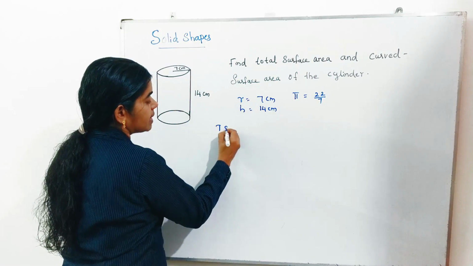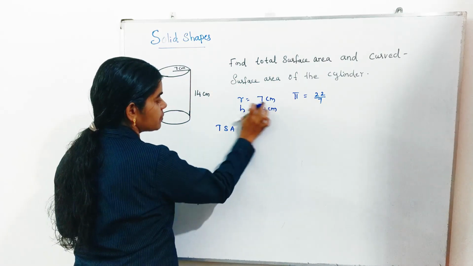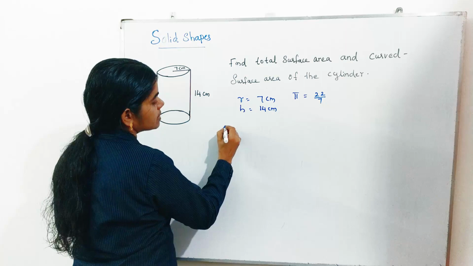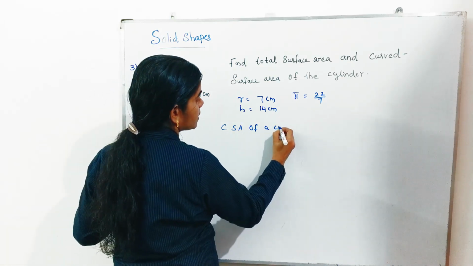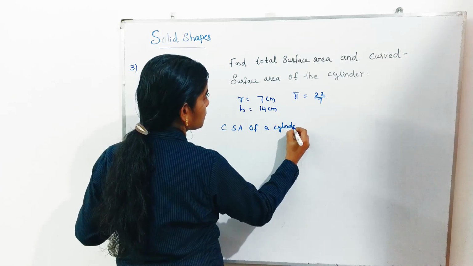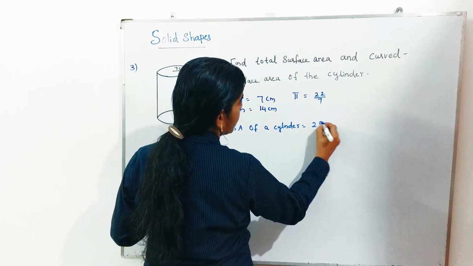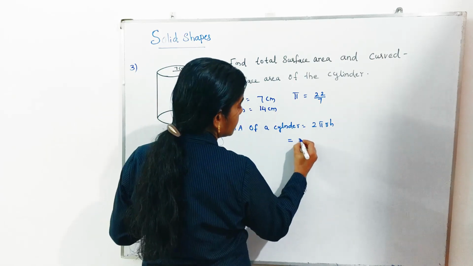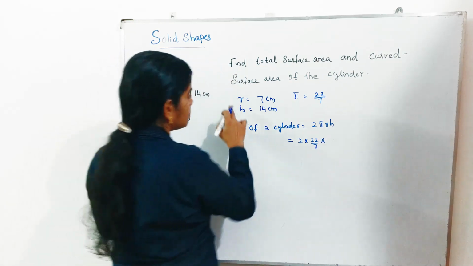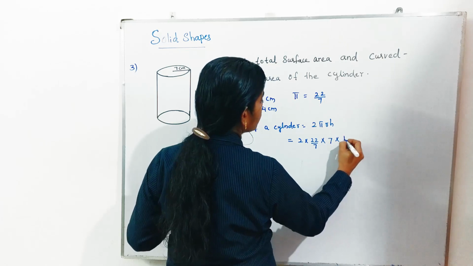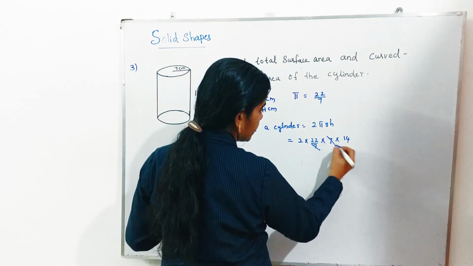Then you know that TSA of cylinder is equal. First we can find out the CSA. CSA of cylinder or curved surface area of a cylinder is equal to, you know that 2 pi RH is the formula. Then 2 into 22 by 7 into R value 7 into 14. We can cut this 7 and 7.